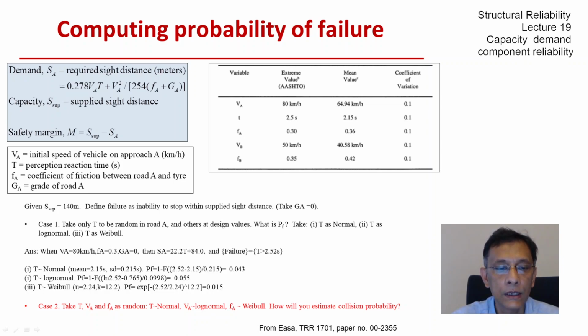In either case, how will we estimate the collision probability? It's not a simple CDF calculation anymore. There are 3 random variables involved, and there is no way that we can combine all of them into a nice analytical closed form answer.